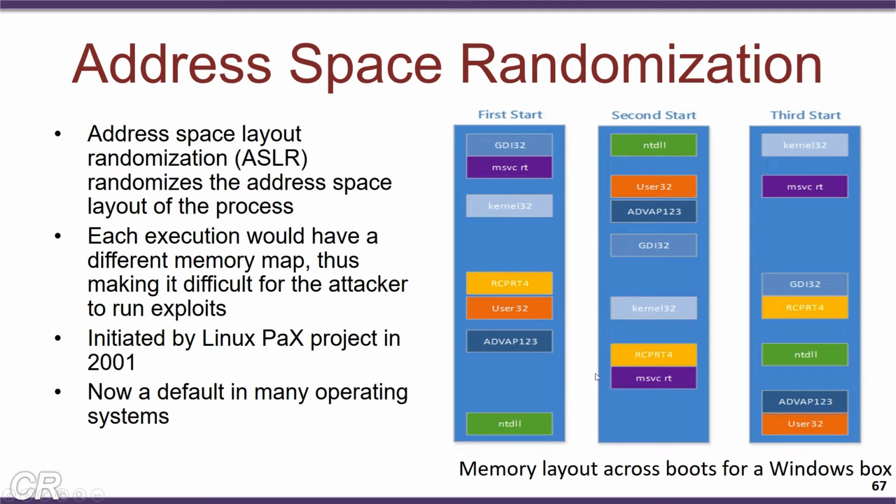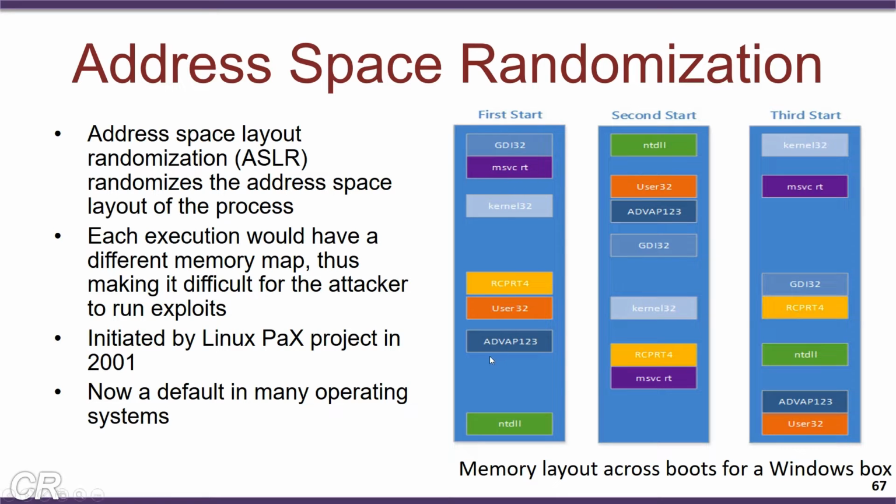Let us take, for example, one particular library over here, which is known as the ADVAP123. So, this is present at a particular location during the first run of the application. During the second run, the ADVAP123 is present at another location, and in the third run, a third location, and so on. So, since these locations are changing in every run of the application, it would be difficult for the attacker to identify the exact location where the gadgets are going to be present, thereby preventing the ROP attacks from executing.